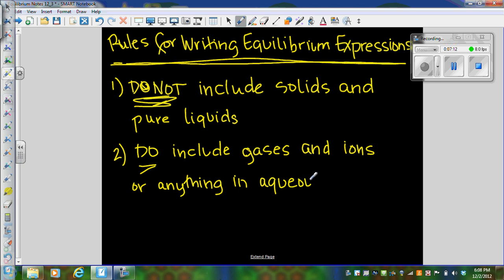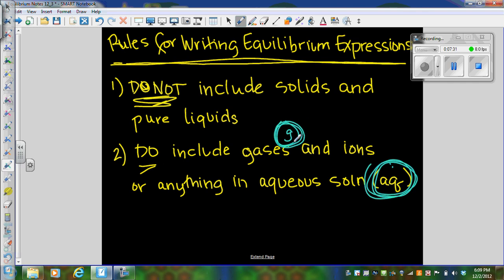So we're going to know that when we look at the reaction, because they will give us state symbols, and you are going to see an AQ following anything that is in solution, whether it's in ionic form or not, and then anything that's a gas. But you're not going to include solids and pure liquids.